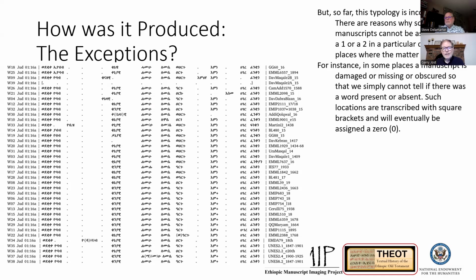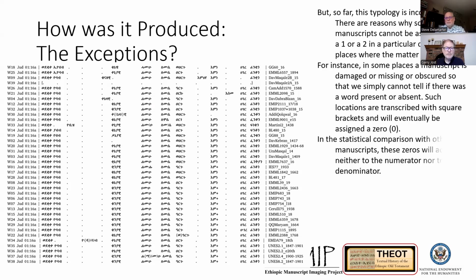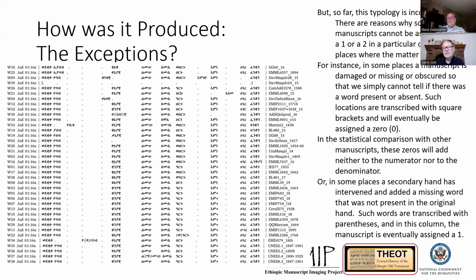So it wouldn't be accurate to say that the scribe didn't put a word there. It's like we don't know what is there. Such locations are transcribed with square brackets and will eventually be assigned a 0. In the statistical comparison with other manuscripts, these zeros will add neither to the numerator nor to the denominator, which means essentially they're ignored in the calculations.